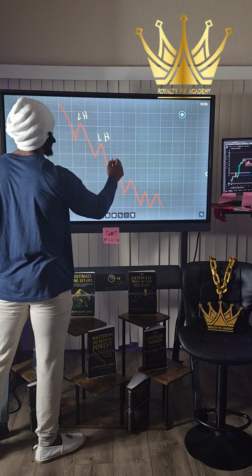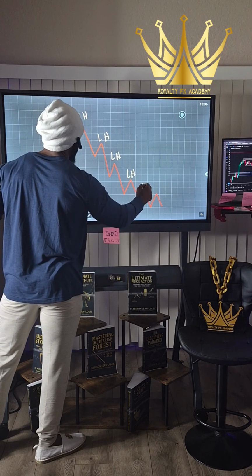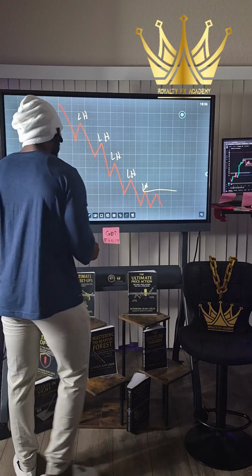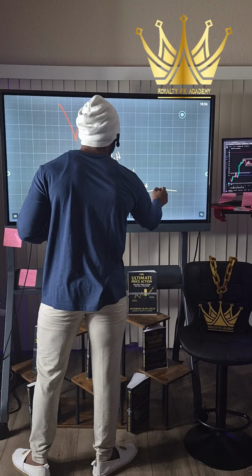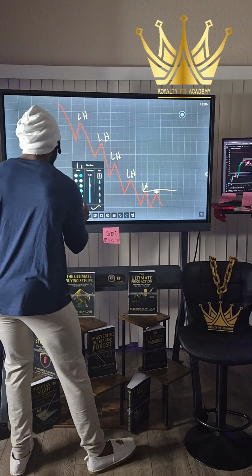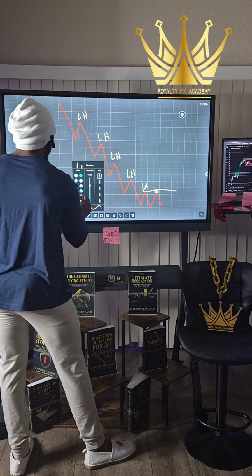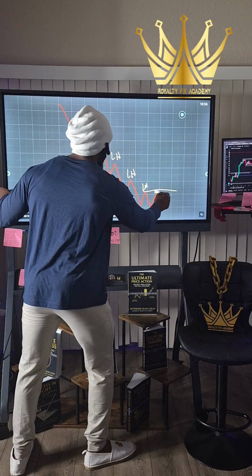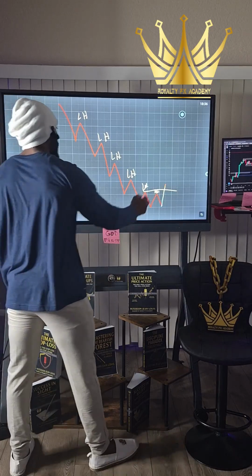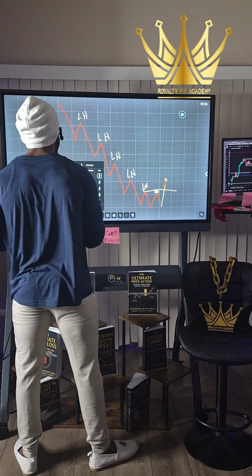So when you're looking for a trend reversal, a bearish market transitioning into a bullish market, a previous lower high has to be broken. What I mean by that is the market has to do like so, where it goes above the previous lower high, right? Once the market goes above the previous lower high, it comes back down like so.